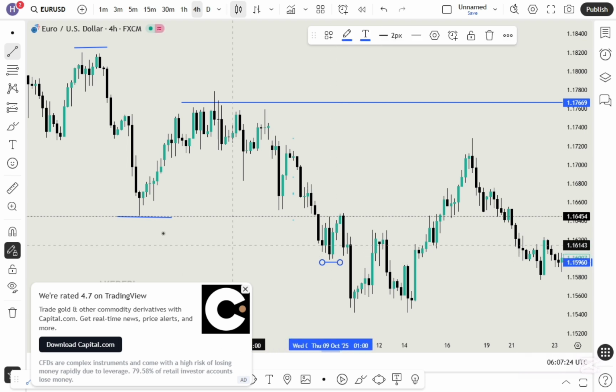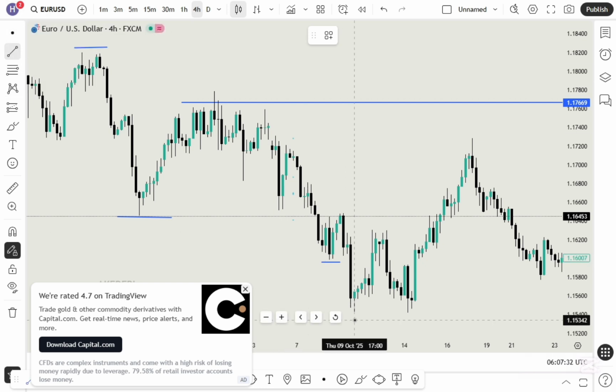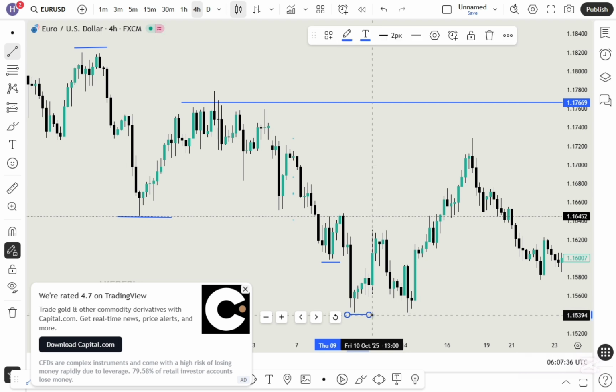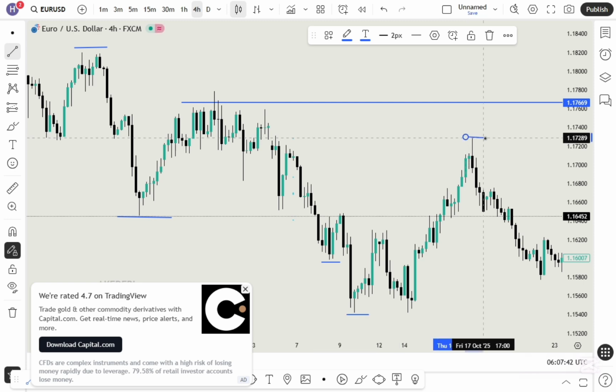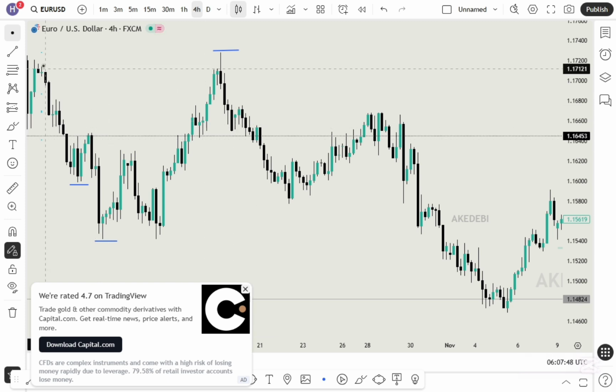But we are using a 4-hour time frame, so please pay good attention. I'm just taking my time to mark out the sell stops liquidity, and this one is buy stop liquidity. So at your own end, you can mark out your own buy stops and sell stop liquidity.